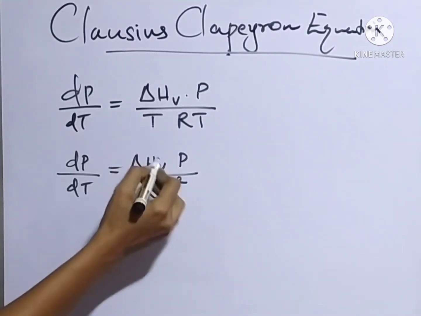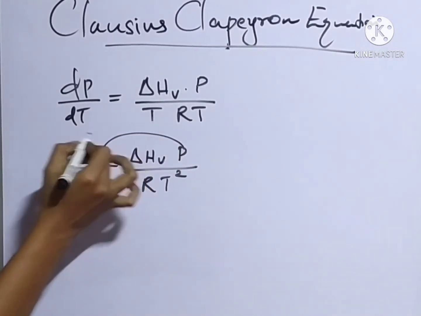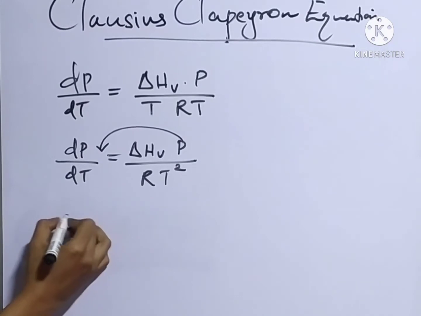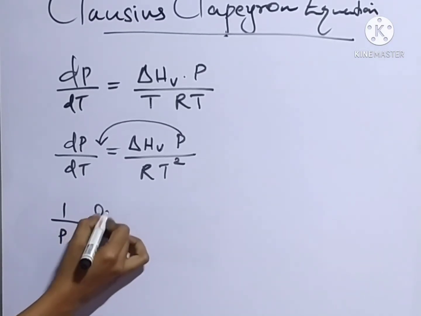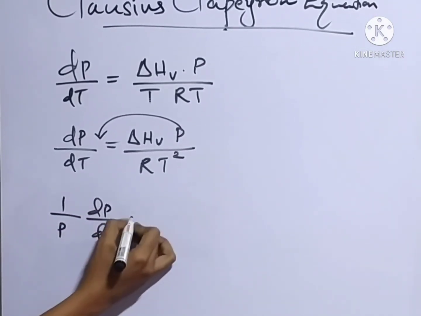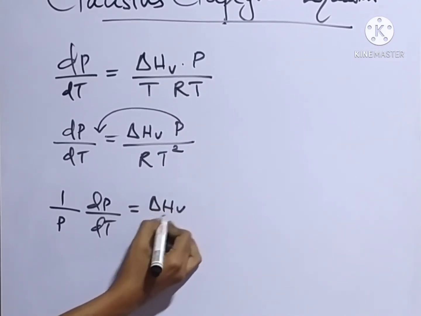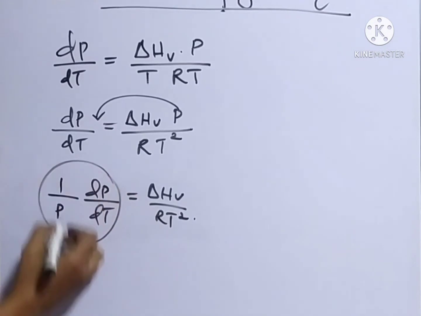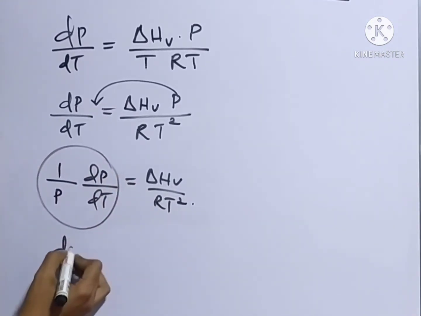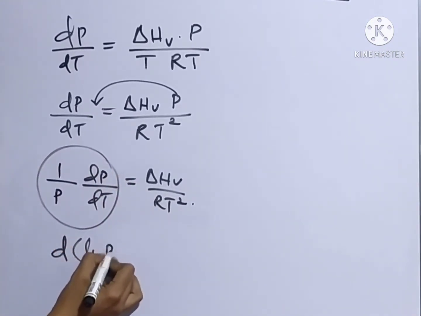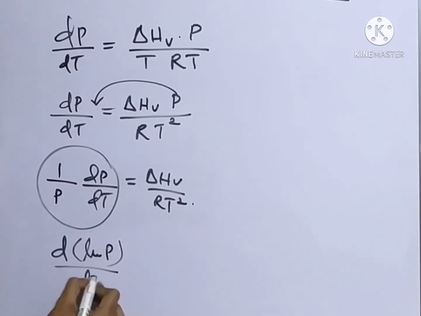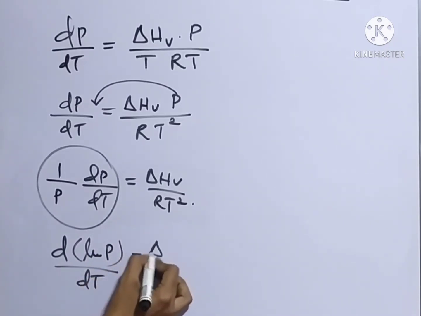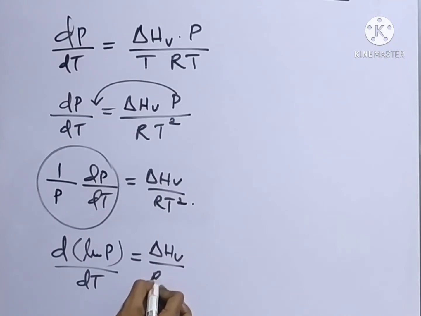Now I am going to bring the P term to the left-hand side, that is (1/P) dP/dT = ΔHv / RT². Here we can write it as d ln P/dT = ΔHv / RT².